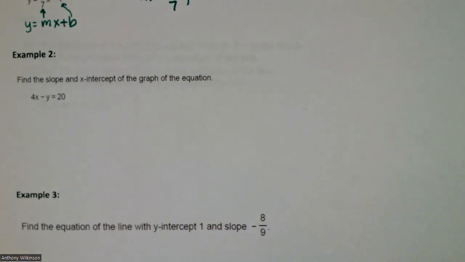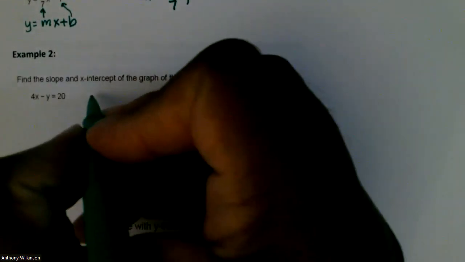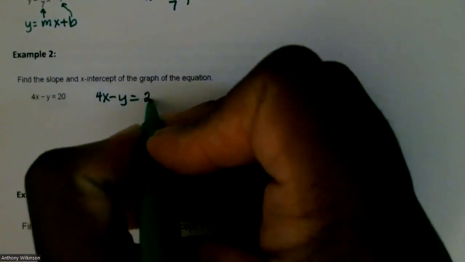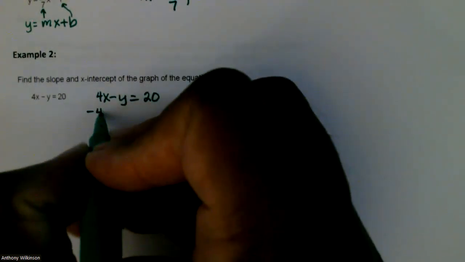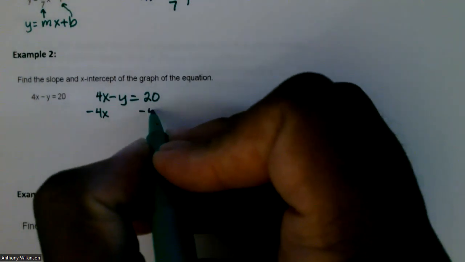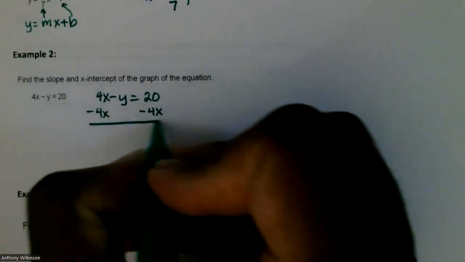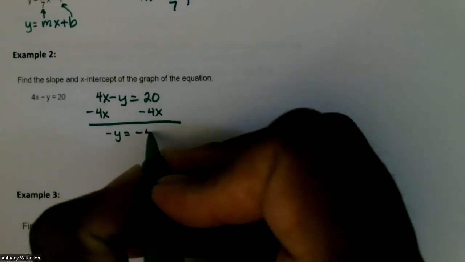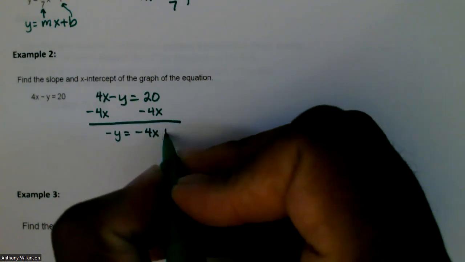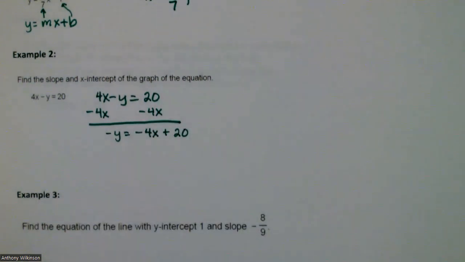I'll get y by itself by subtracting 4x on both sides of this equation. So that means I'm going to have negative y is equal to -4x plus 20.